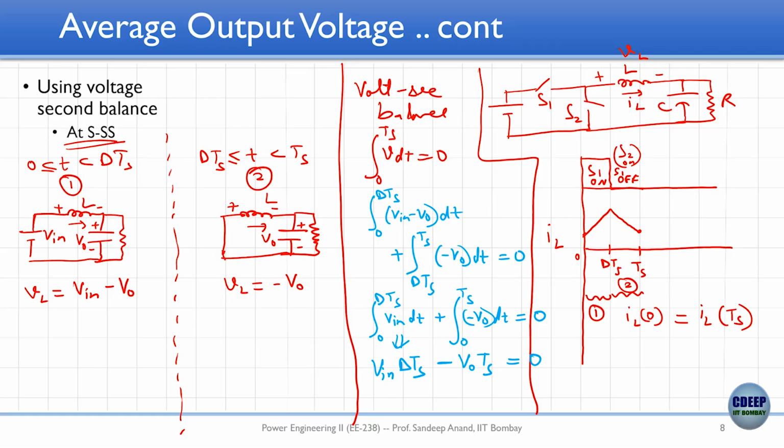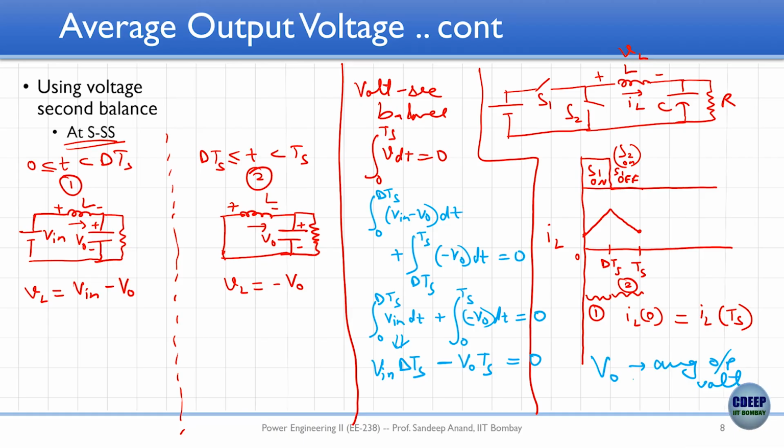What we are saying is, this capital V naught means the average output voltage. That's it. It may not be constant, right? What you are doing is integral from 0 to Ts V naught into dt. You divide it by Ts, multiplied with Ts. So that term is nothing but the average V naught.